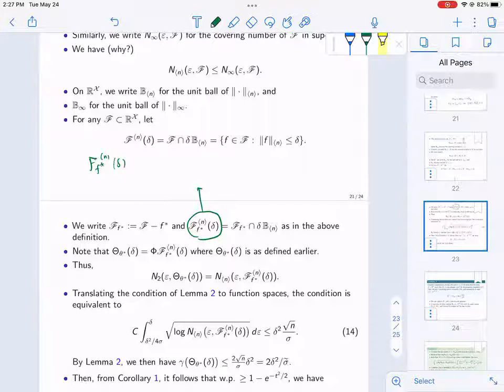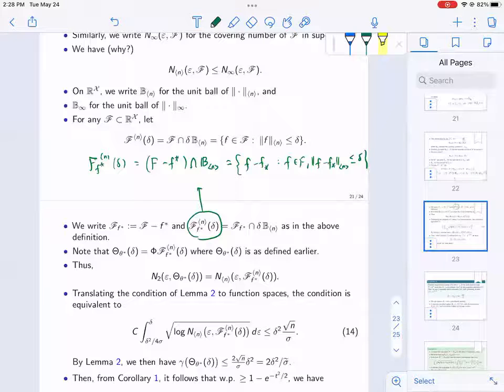This is nothing but f minus f star. So we shift f to f star, and then take the intersection with the ball. So basically, this is the set of all things that look like f minus f star, where f is in F, and f minus f star in the empirical norm is less than or equal to delta. So this is a neighborhood of radius delta in F centered at f star.